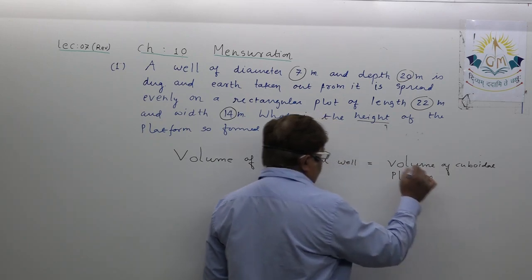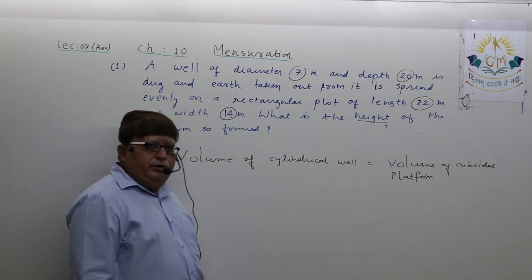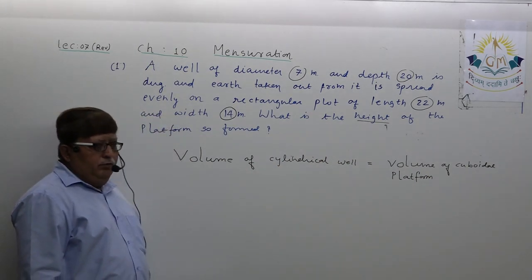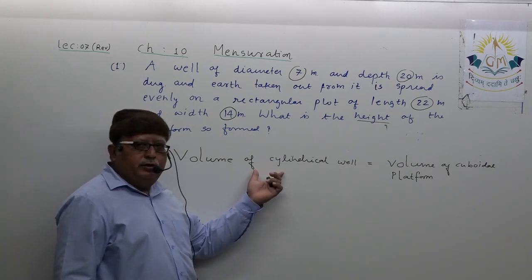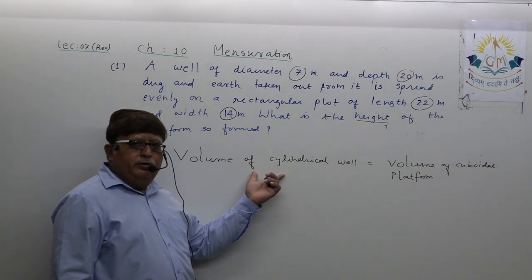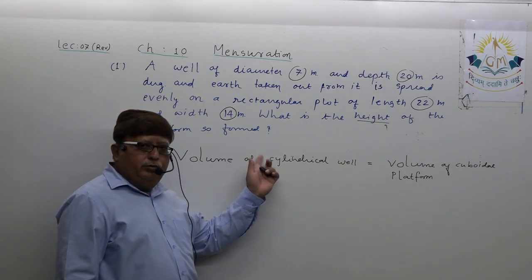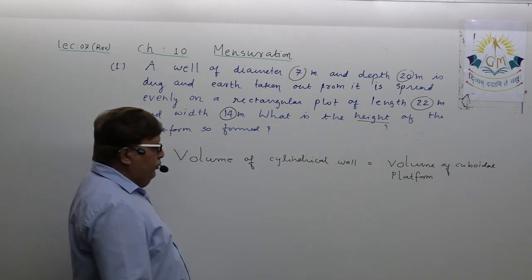You understood this? Volume of cylindrical well equals volume of cuboidal platform, because whatever earth is taken out from this well is to be spread on the cuboidal platform.